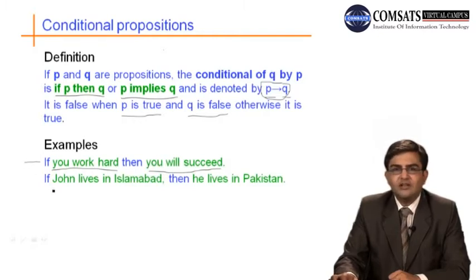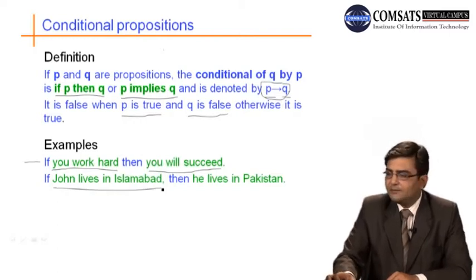And this example, if John lives in Islamabad, then he lives in Pakistan. The hypothesis in this conditional proposition is this: if John lives in Islamabad, then obviously he lives in Pakistan.